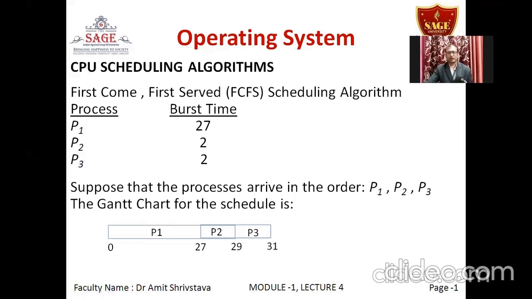So when one CPU bound process and multiple IO bound processes are present in the ready queue, and the CPU bound process is the first one to execute, then all the IO bound processes, though they require very little CPU time, have to wait unnecessarily because of one CPU bound process which has a large CPU burst. The CPU burst required by P1 is large. So that is why the average waiting time of my system has increased, right?